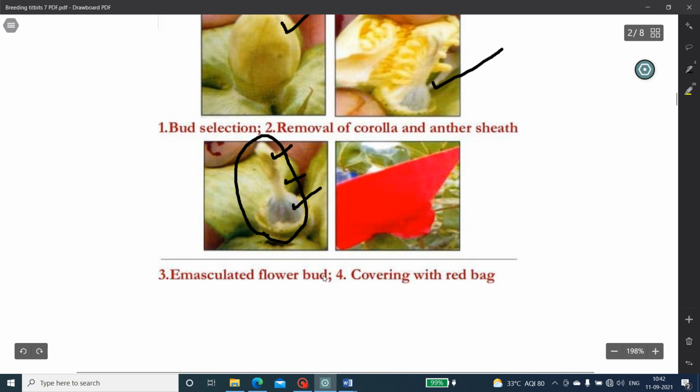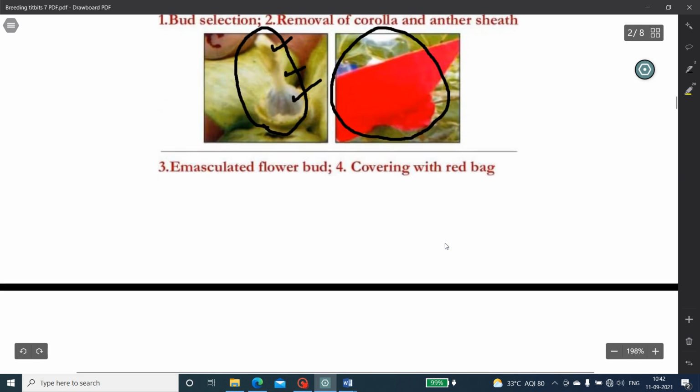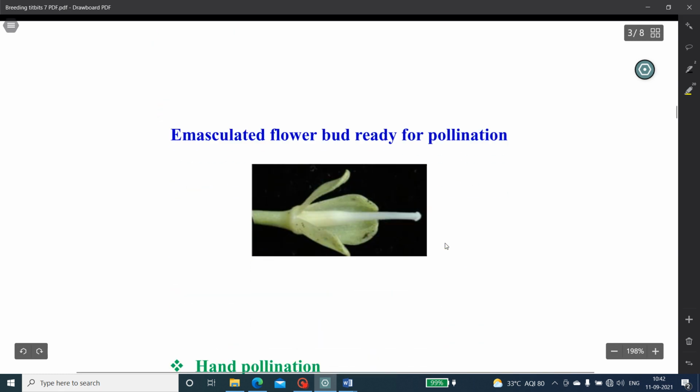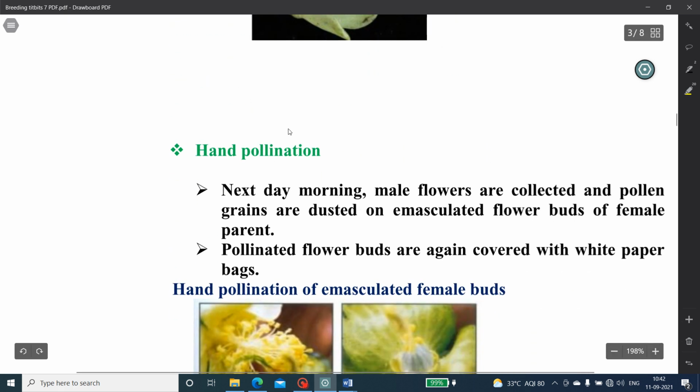And after emasculation you have to cover the emasculated flowers with a red paper bag, or maybe a butter paper bag. This figure shows how the emasculated flower looks, and next day morning you have to do hand pollination.